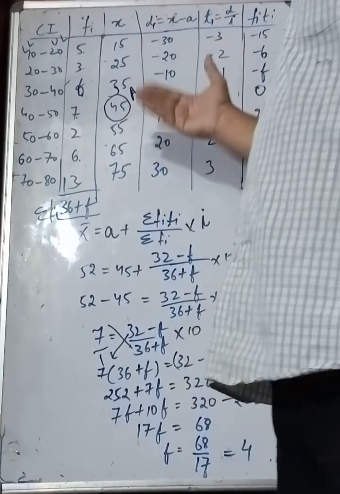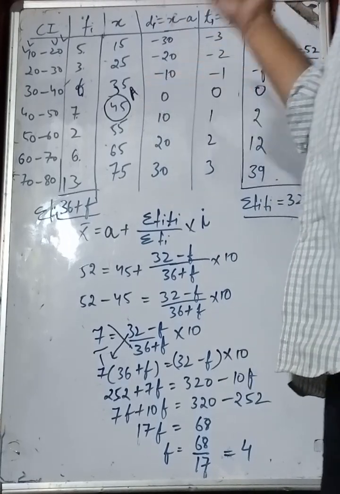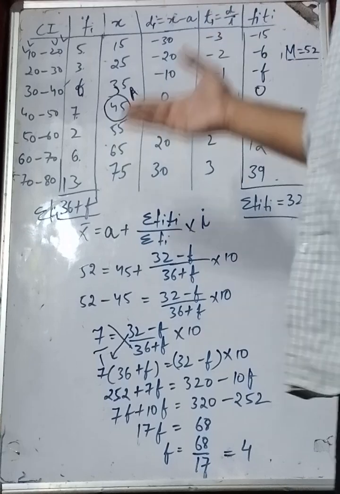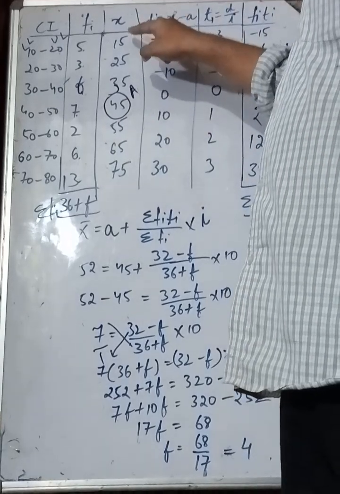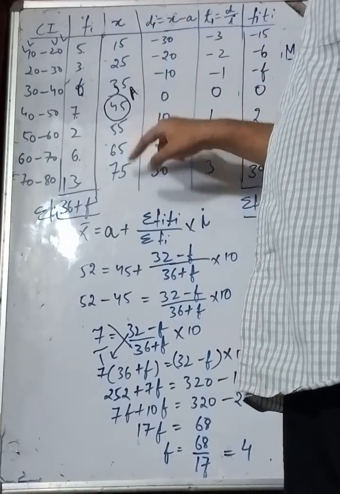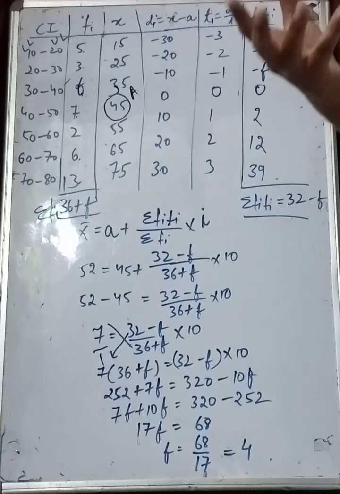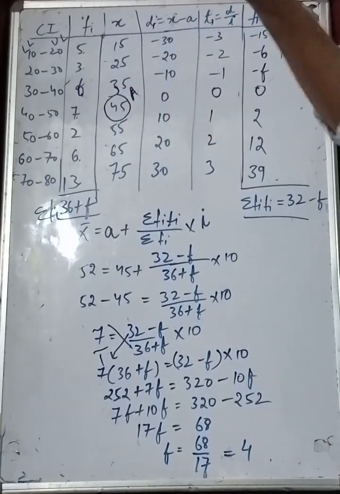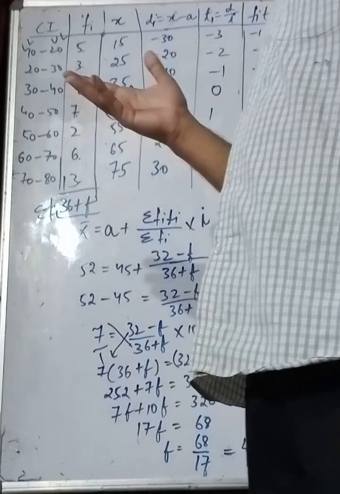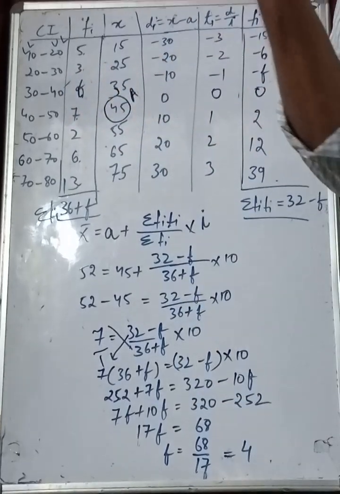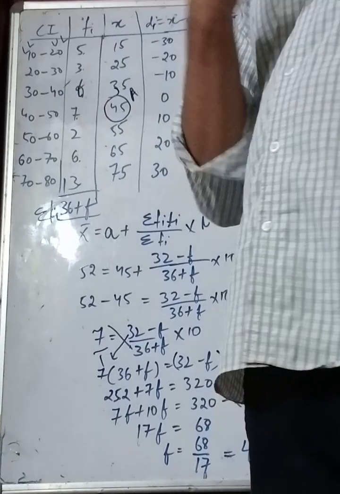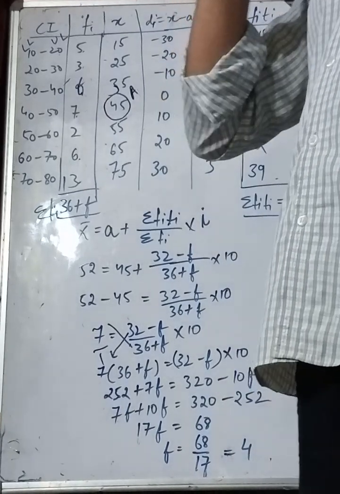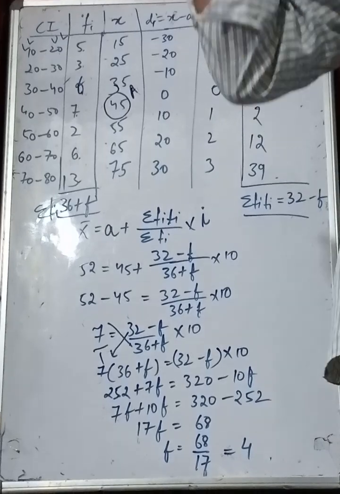Three values are above, three values are below, and the mid value is 45. This is the case of odd observations, because the number of observations here is 1, 2, 3, 4, 5, 6, 7. In case of odd observations, you can easily find the mid value. But in case of even observations, like 4, 6, 8, you can assume any value from the middle, or from above or below.